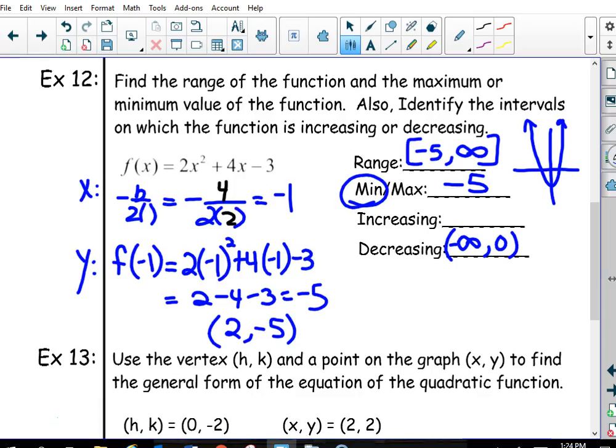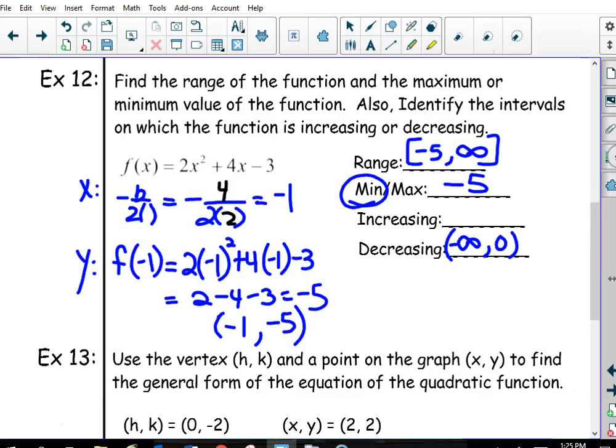All right, I got some numbers wrong here. First of all, my vertex is at -1, -5, and that means that my increasing and decreasing changes. The range doesn't change, but what do we have? We have -1, -5, something like that.